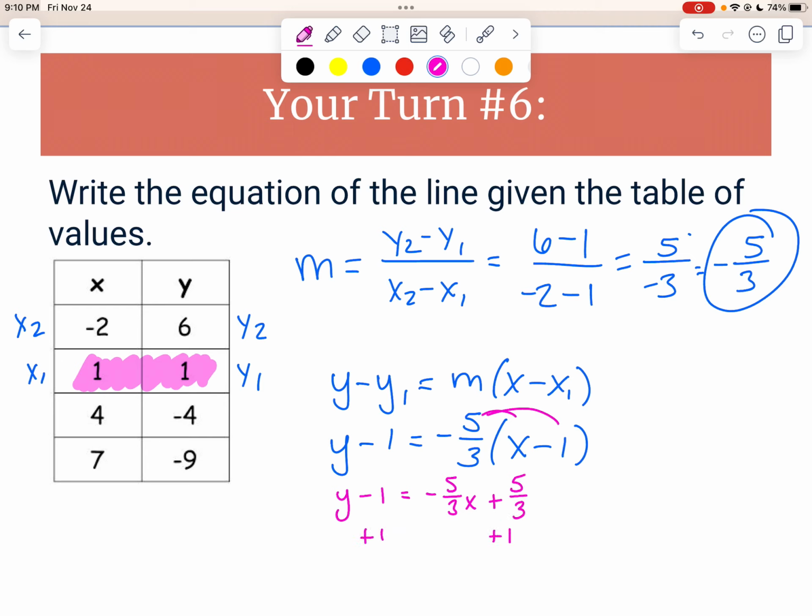Then I'm going to add 1 to both sides. That gives me y equals -5/3 x plus 8/3. You would get that equation no matter what 2 ordered pairs you picked from this table. Doesn't matter.